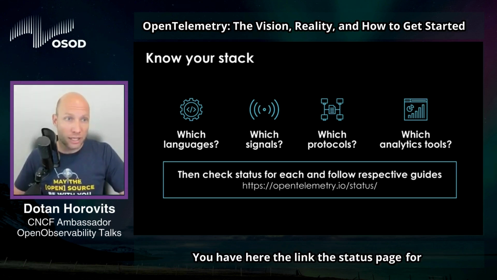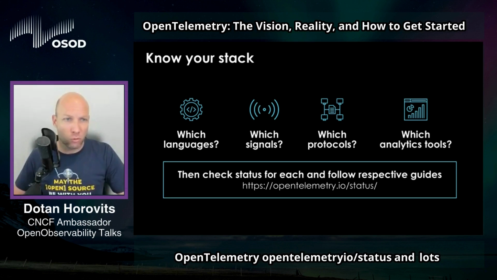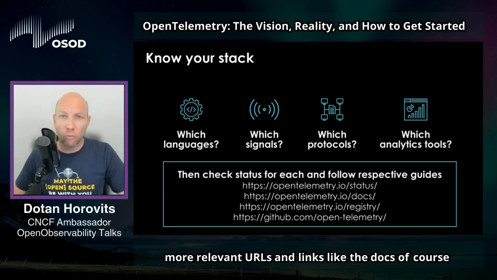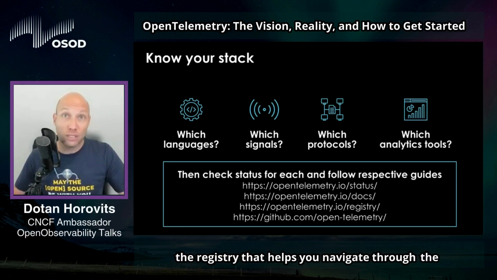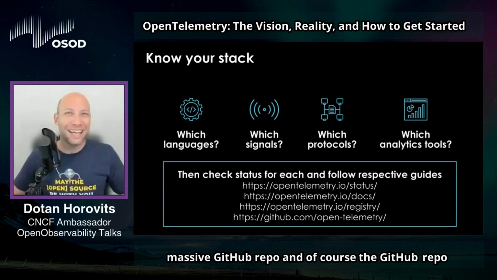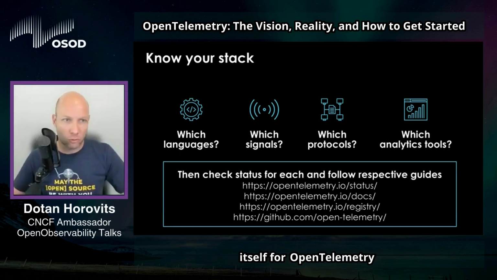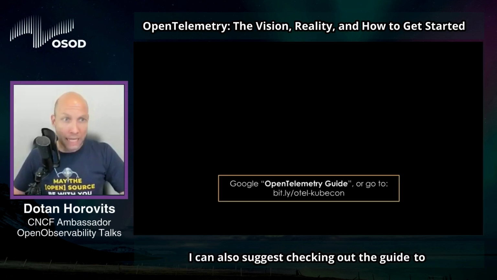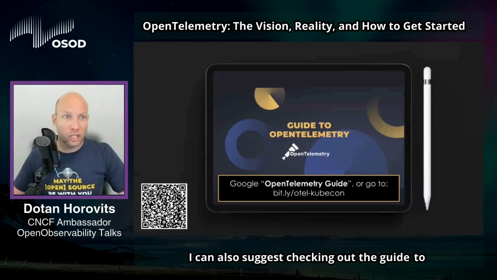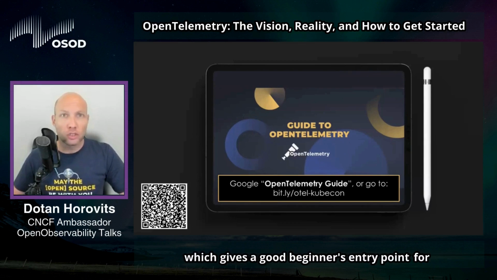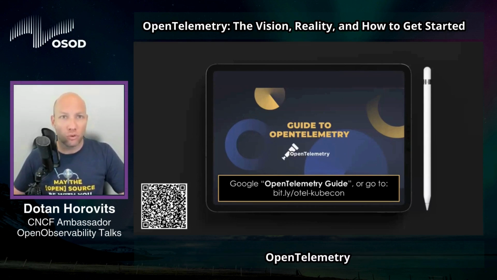You have here the link, the status page for OpenTelemetry, opentelemetry.io/status, and lots more relevant URLs and links like the docs, of course, the registry that helps you navigate through the massive GitHub repo, and of course the GitHub repo itself for OpenTelemetry. I can also suggest checking out the guide to OpenTelemetry that I wrote, which gives a good beginner's entry point for OpenTelemetry.